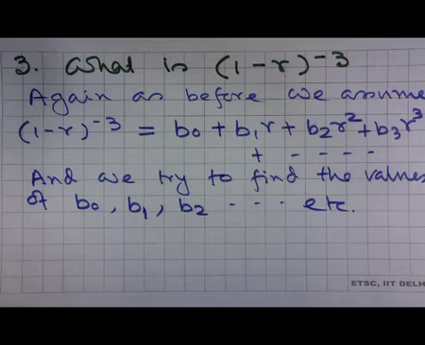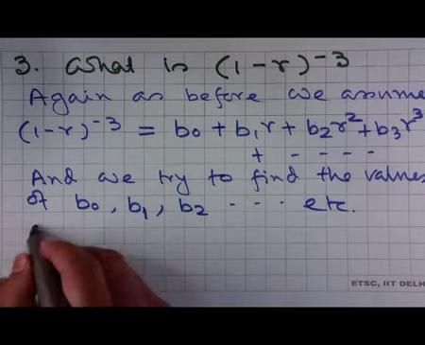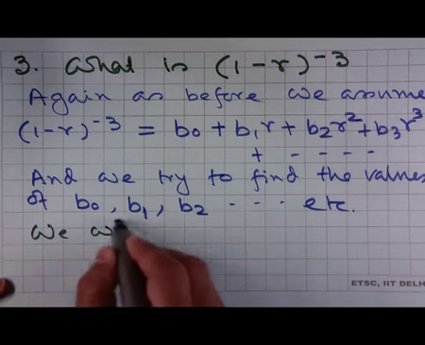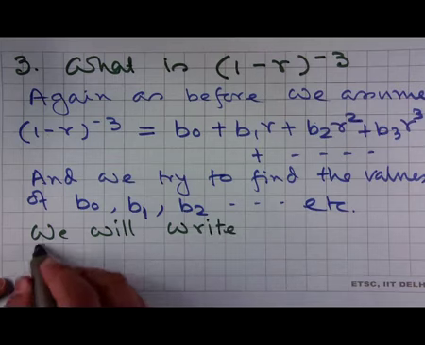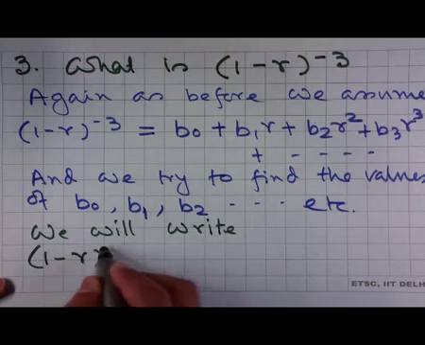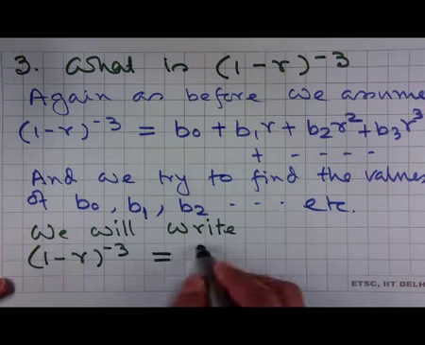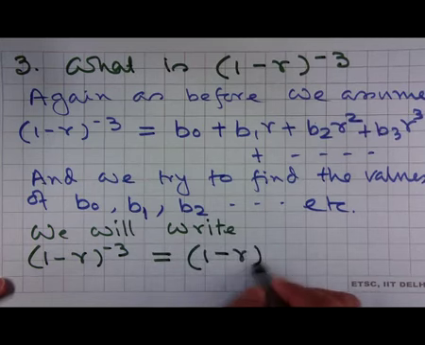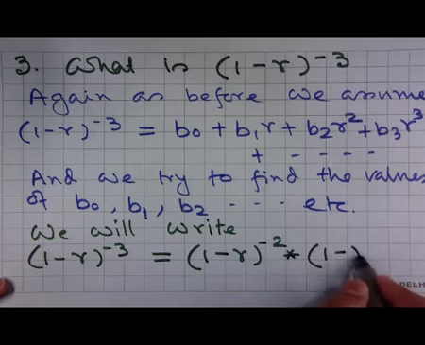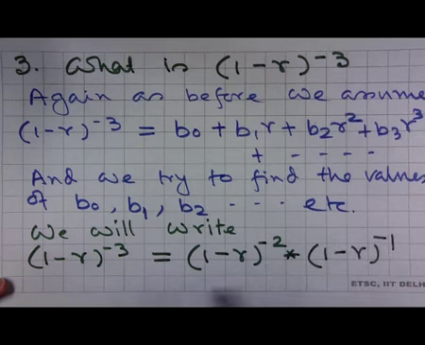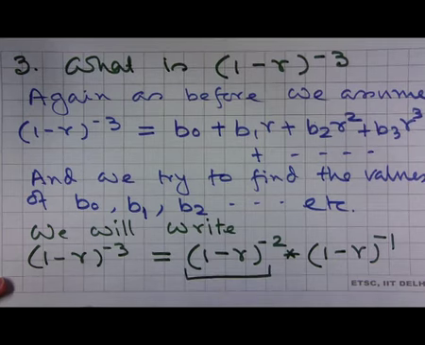How to do that? We will do that in the following way. We will write (1 minus r) whole to the power minus 3 is equal to (1 minus r) to the power minus 2 into (1 minus r) to the power minus 1. We already know the series expansion for this.